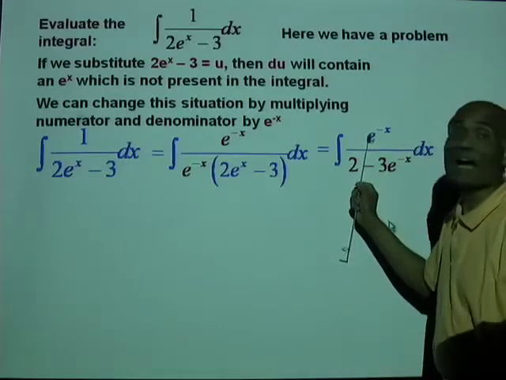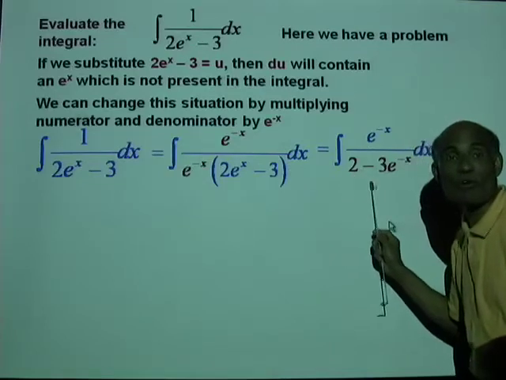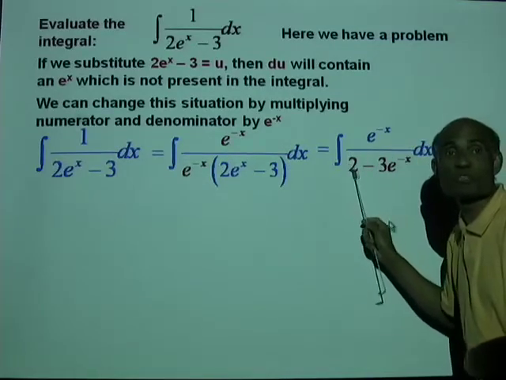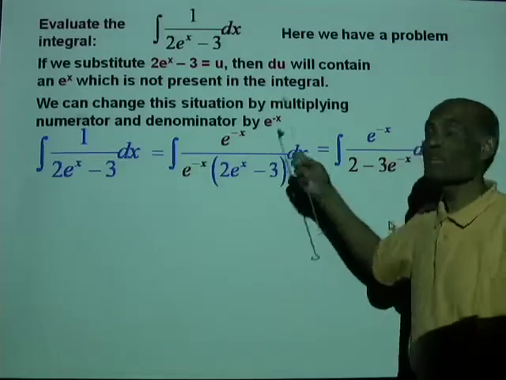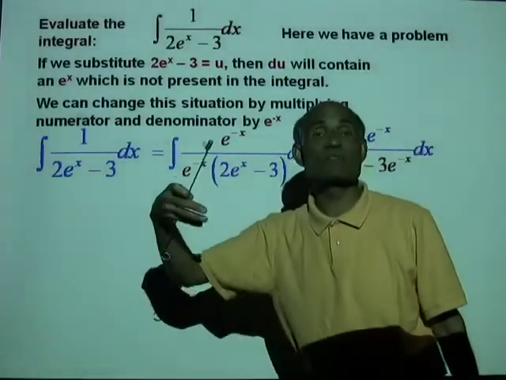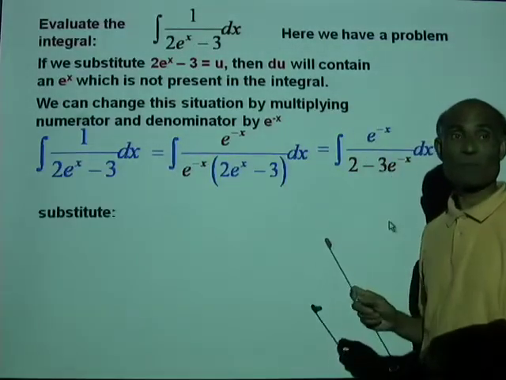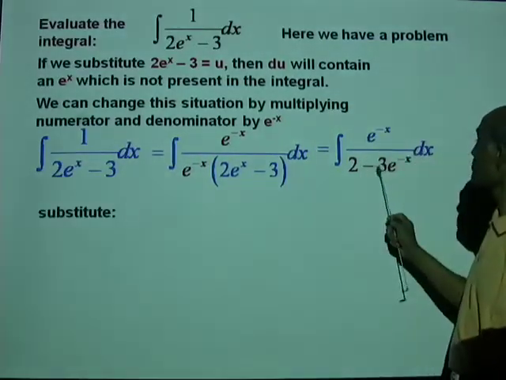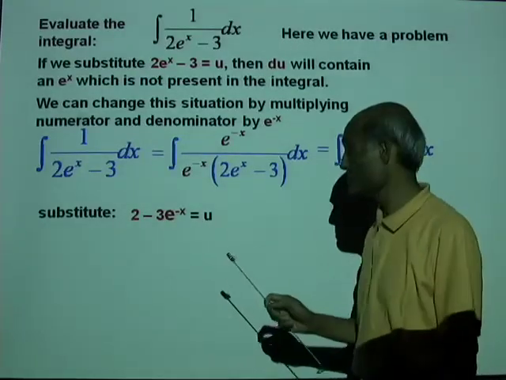Now we have an e to the power of negative x on the numerator. Therefore, we can now substitute the denominator equal to u, because the e to the power of negative x that is going to come in du can now be accommodated. So we substitute 2 minus 3 e to the power of negative x equal to u.